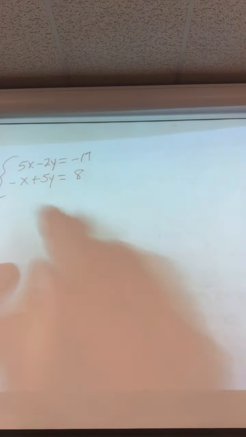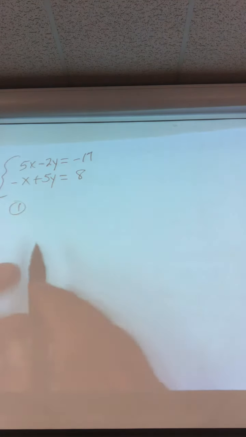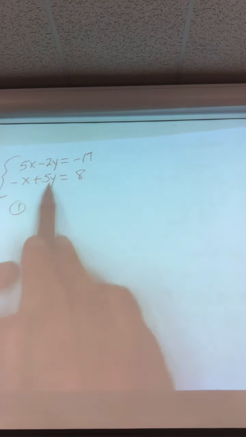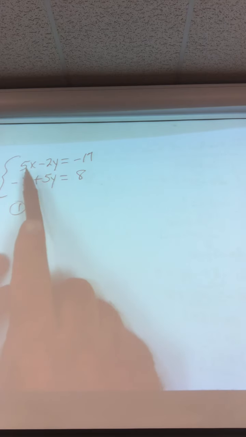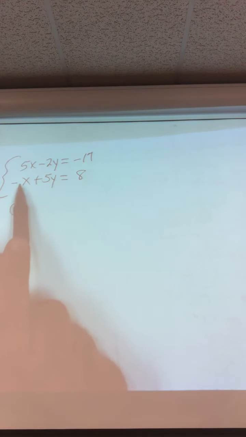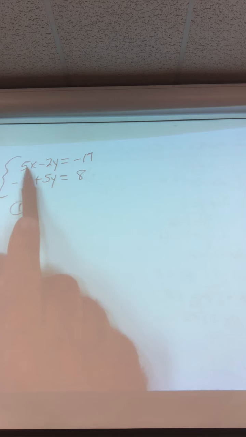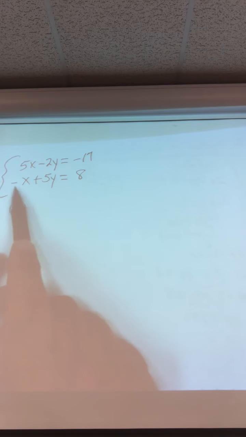Okay, step 1. Solve for either x or y, whichever is the easiest. And you said, wait a minute, I thought you said to solve for the one that has a 1 in front of it. This one has a 1 in front of it. It's negative, but it's still a 1. I definitely don't want to solve for this one, or this one. So this is my next best choice. That's going to be easy to do. We're not going to have a fraction.